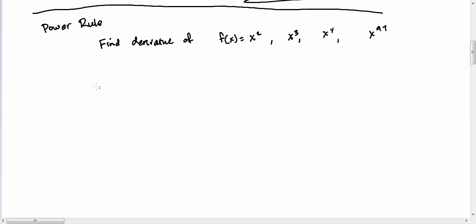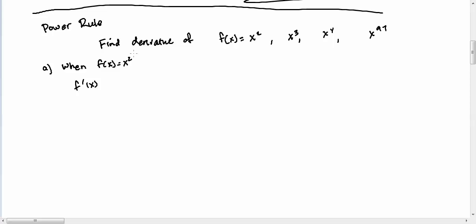So let's do this. Let's write down the definition of a derivative. If I want to find f prime of x, and let's say, part A, when f of x equals x squared.